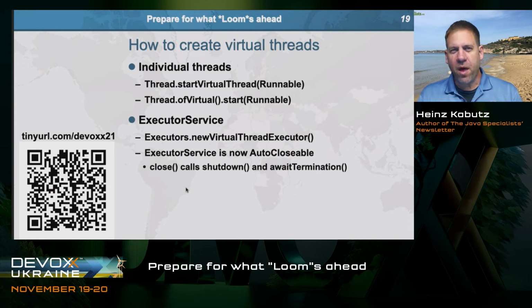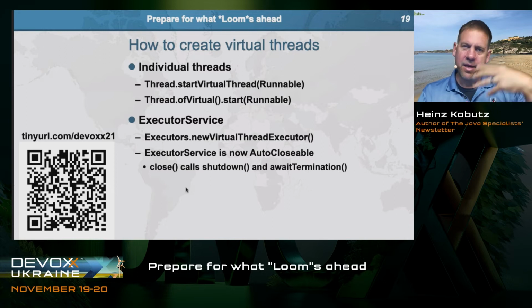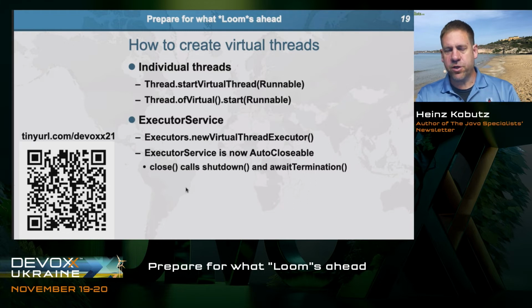Now, you probably all know the builder pattern. Well, this is the polymorphic builder. You've got a builder that is a superclass for both native or platform threads and virtual threads. And then when you say ofVirtual, you get back a subclass of that common builder. And so there are methods which are specific to virtual threads and others which are specific to platform threads.